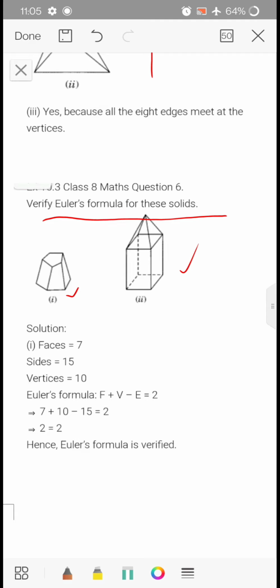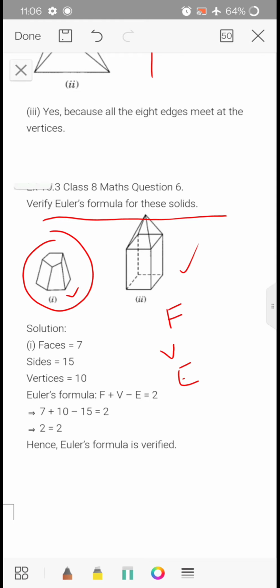I already told you, dear students, that to verify the formula you must have the values of F, V and E. Means faces, edges and vertices. You must have the values of these. So for this figure you have to find out the number of faces, edges and vertices.